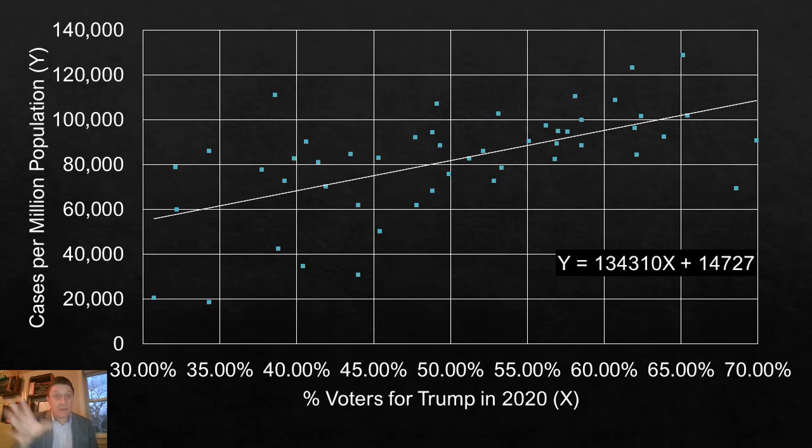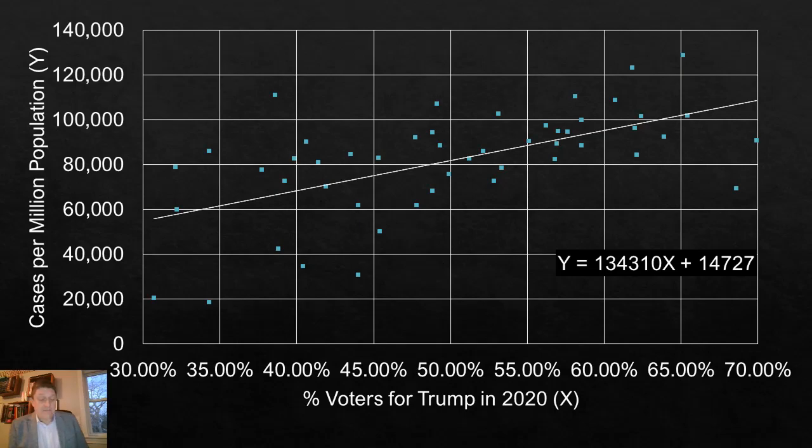Regardless of where you sit on the political spectrum, this is a piece of information that is consistent, at least, with the hypothesis that support for this national leader, former President Donald Trump, has something to do in a state with the cases per million population.